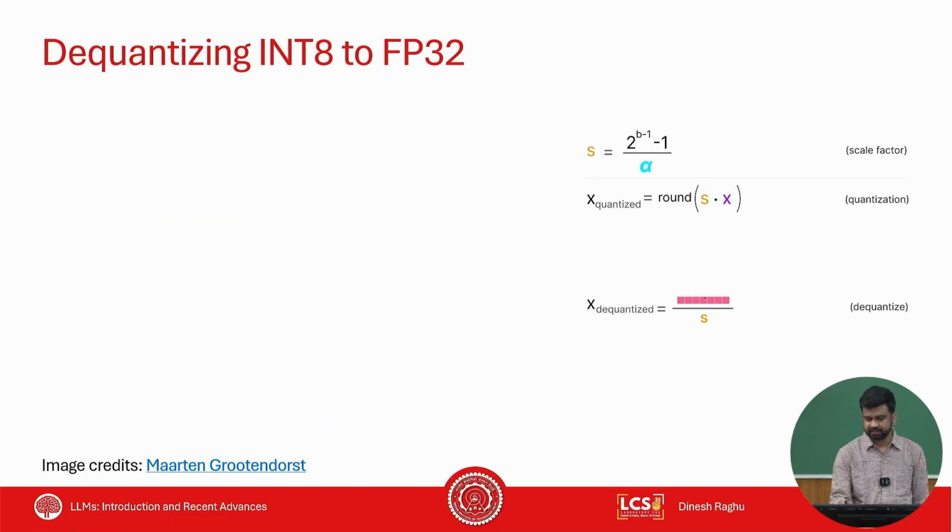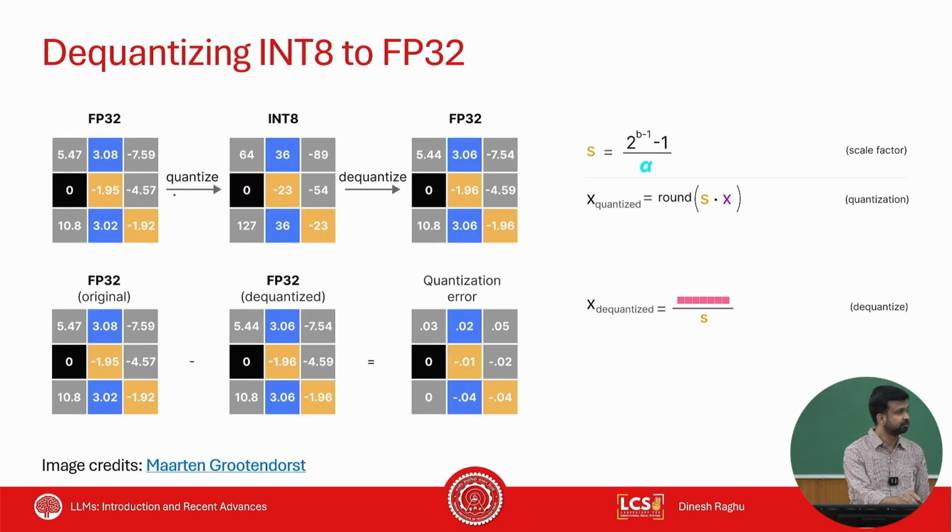Dequantization is quite straightforward. All you have to do is take the quantized vector and divide it by the scale factor, and you end up getting the dequantized version, which is the FP32 version. So here you have the FP32 matrix, and let's say you want to quantize it into int8 format. You will get the alphas and the scaling factor for each vector individually, and you will quantize them.